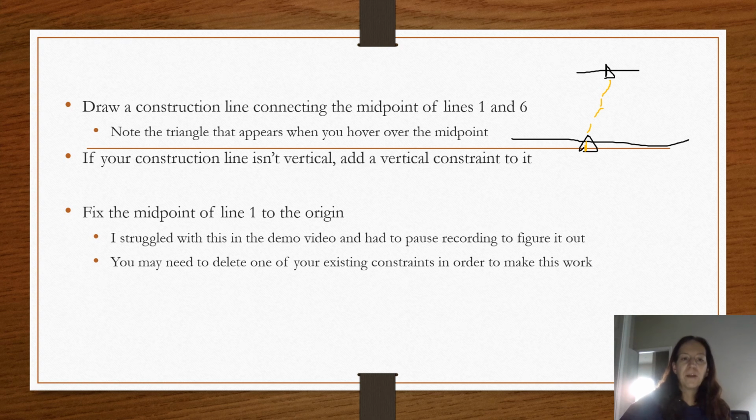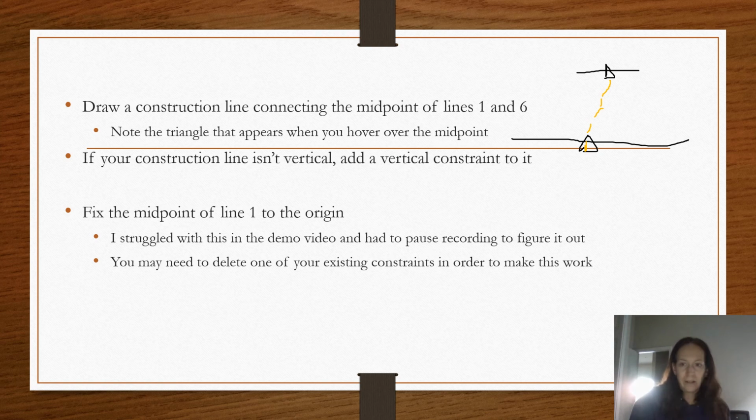Fix the midpoint of line 1 to the origin. So this was originally supposed to have been on the x-axis, and in the video I just drew mine sort of near the x-axis. I struggled with this in the demo video. If you watch the demo video, I actually had to pause the recording to figure it out, because first I tried to do fix, and that was poor phrasing on the part of PLTW, because it's not the fixed constraint.